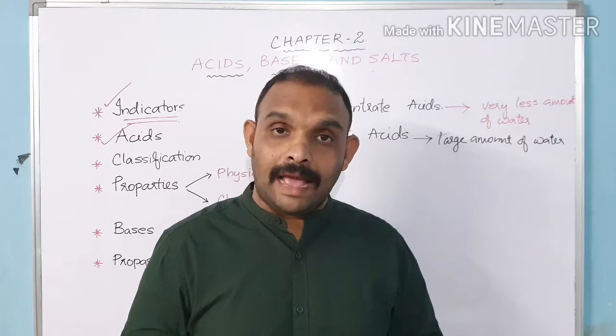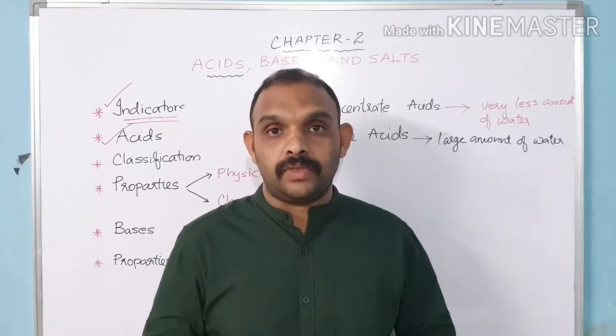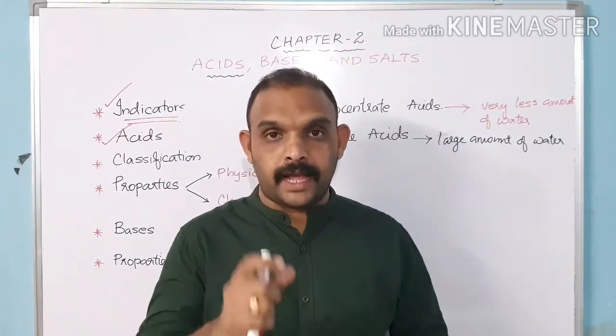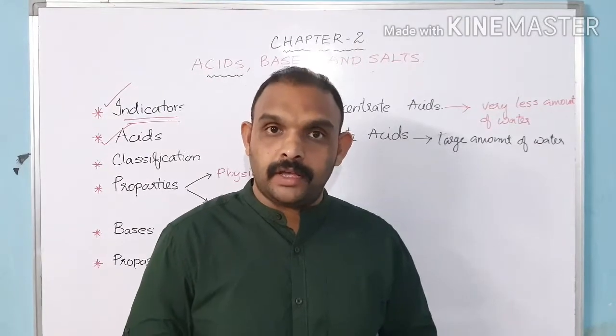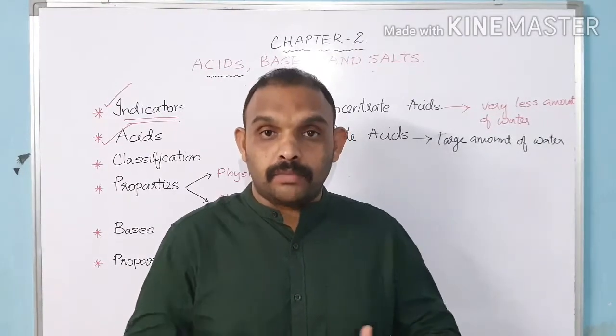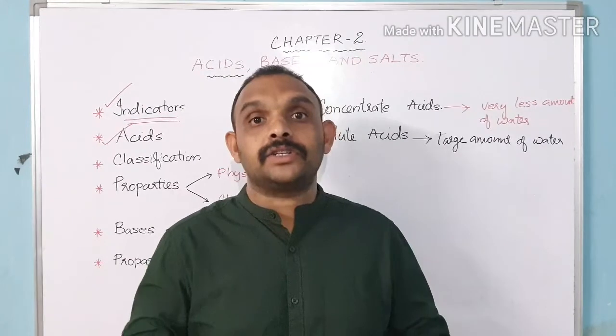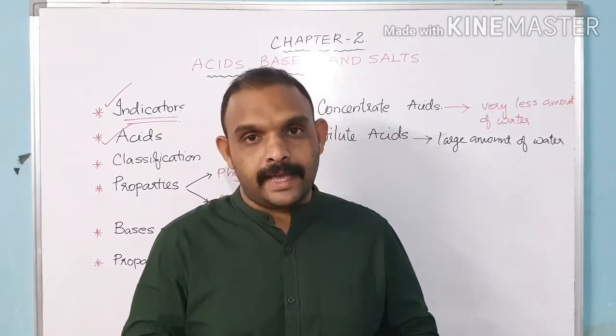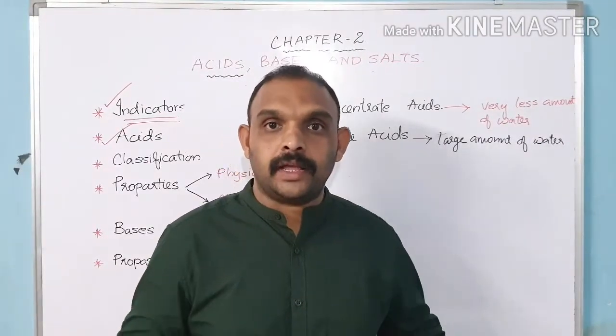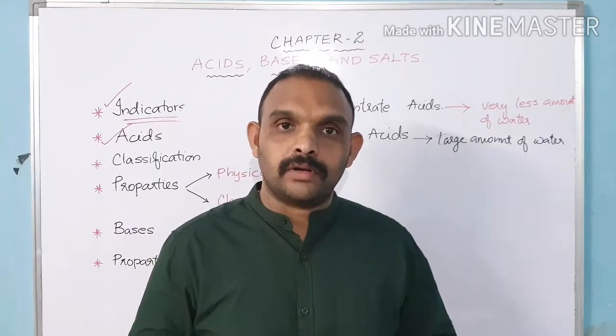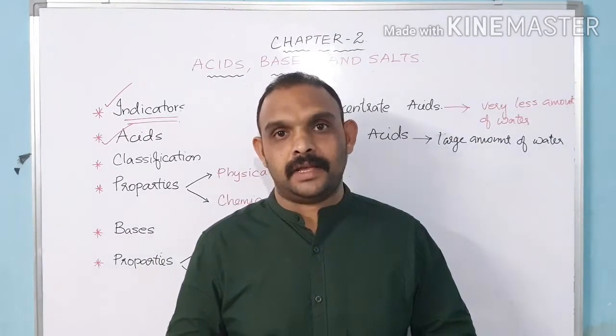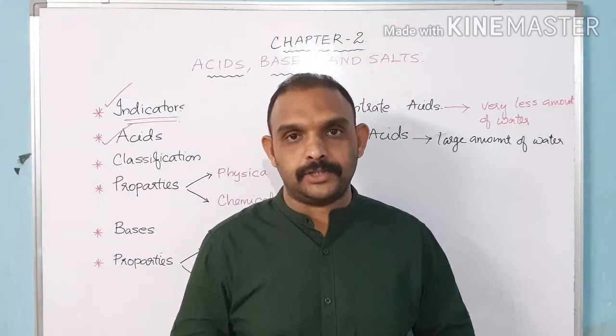So what will happen in an exothermic reaction? Heat will evolve. That heat will not be absorbed by the water and it may cause a splash of acid, and it can cause severe burns and even casualties.